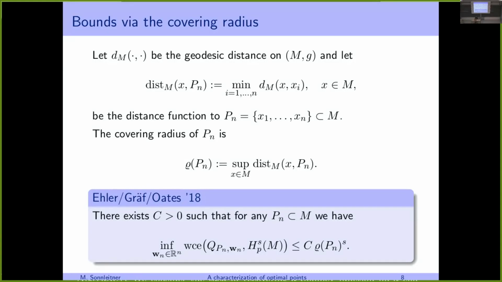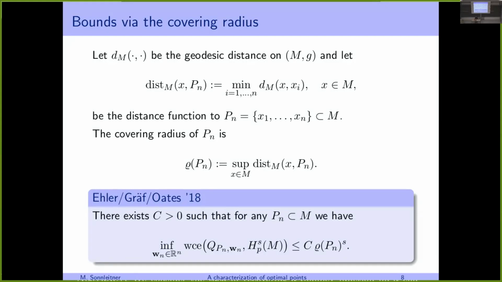So we take the closest point and measure the distance. And this is the distance function. And now we can define the covering radius, which was already present in several earlier talks, which is just the supremum of this distance function. So it's the radius of the largest hole in this point set.